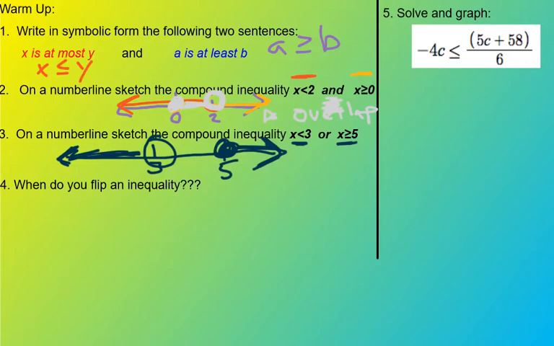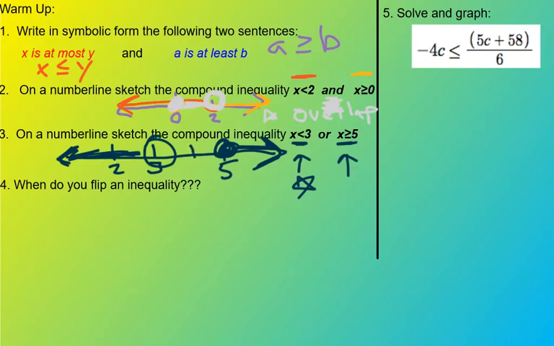You can always check a few of these if you want. If you took the point 2 down here, number 2, that should work for x less than 3 or x bigger than or equal to 5, and it is less than 3, so that definitely should be there.